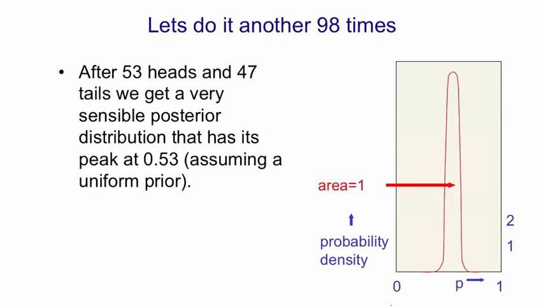It'll have its mean at 0.53 because we started with a uniform prior, and it'll be fairly sharply peaked about 0.53, but it'll allow other values, like 0.49 is a perfectly reasonable value under this curve. Not quite as likely as 0.53, but very reasonable, whereas a value like 0.25 is extremely unlikely under this curve.